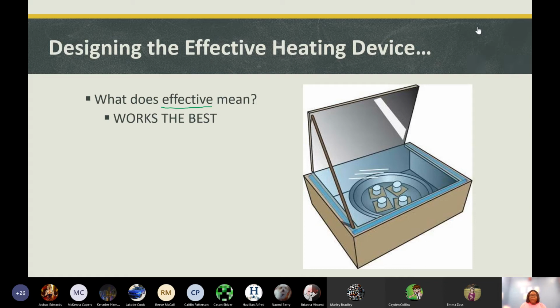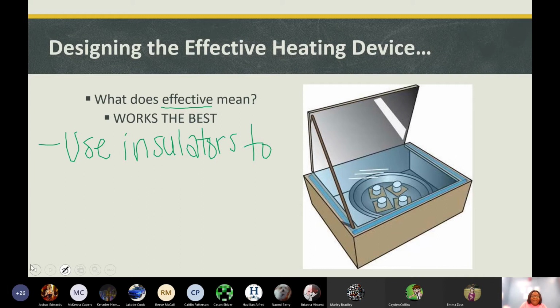Okay? So we're going to write this in our notes. And I apologize for the handwriting, guys. It's the little board I'm using. We want to make sure that we use insulators to trap heat.